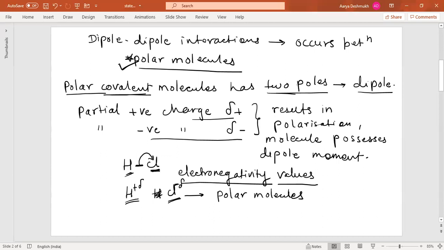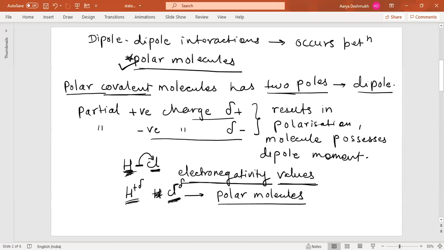Development of a dipole is very important if you say that the molecule is a polar one. And this development of polarity is just due to the electronegativity values of the atoms involved in the formation of the molecule. So there should be an electronegativity difference between these two atoms.